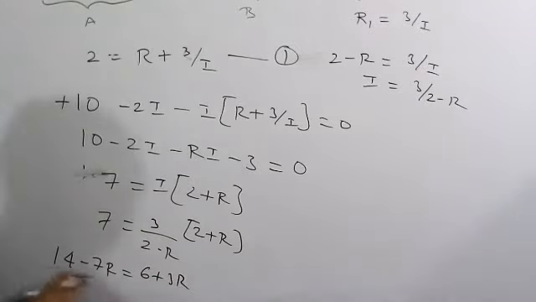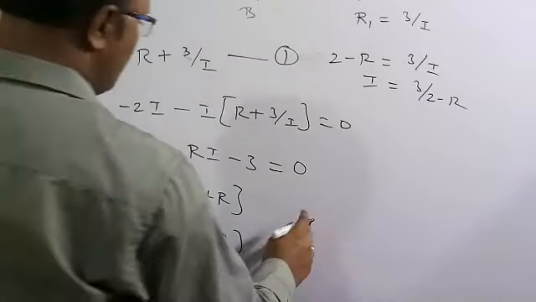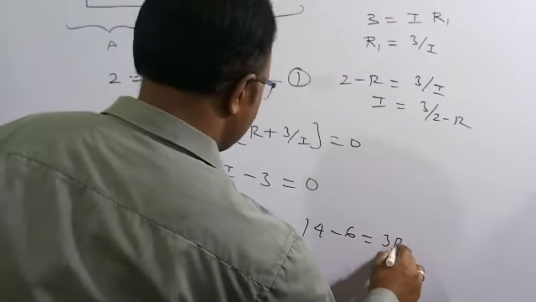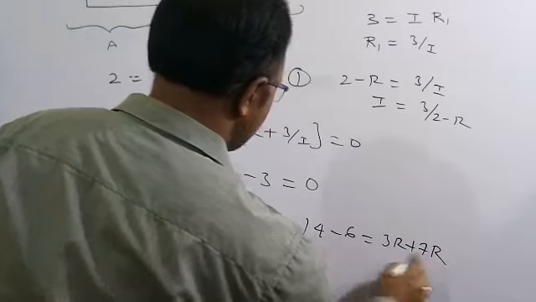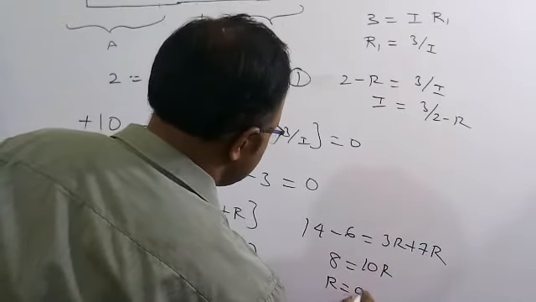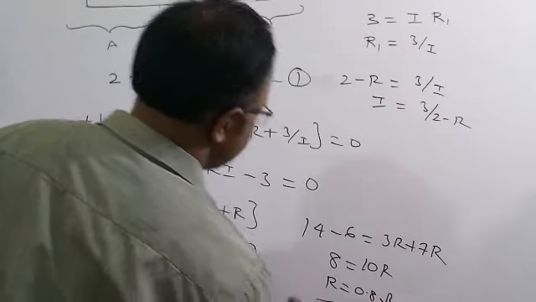So if the 6 goes to the left side, it will become 14 minus 6 is equal to 3R plus 7R. So it will become 8 is equal to 10R. So therefore R is equal to 0.8 ohm.